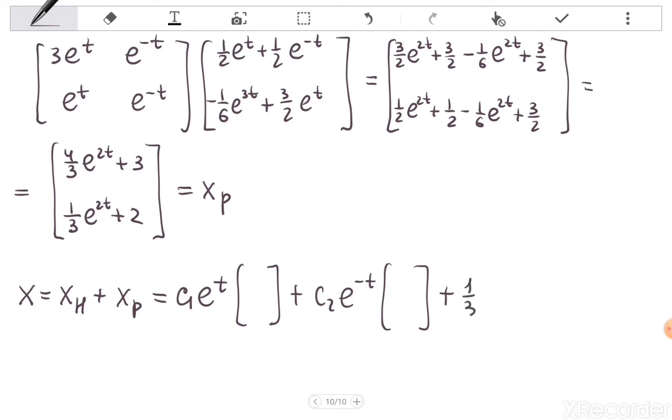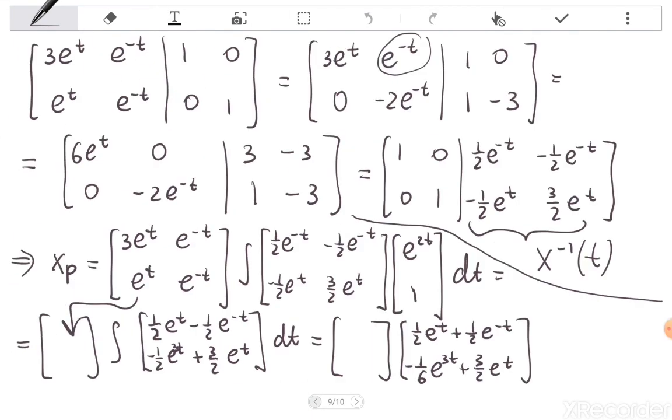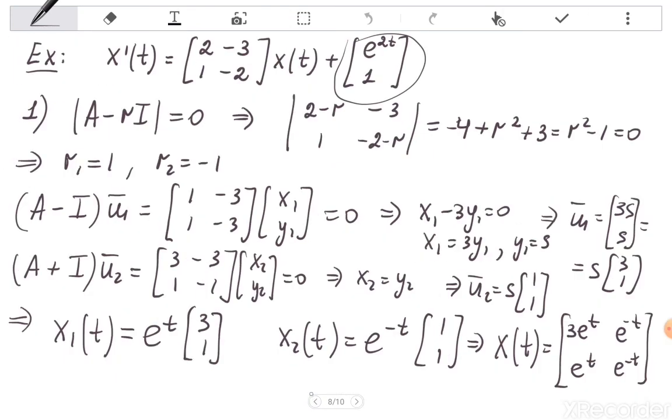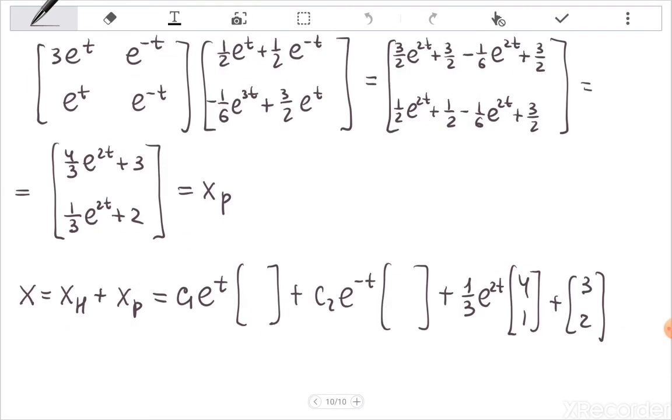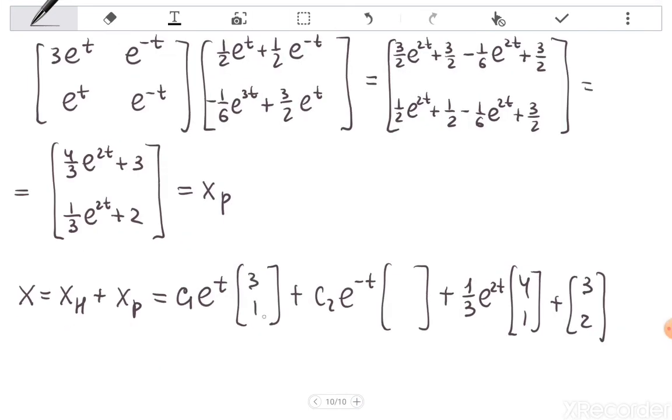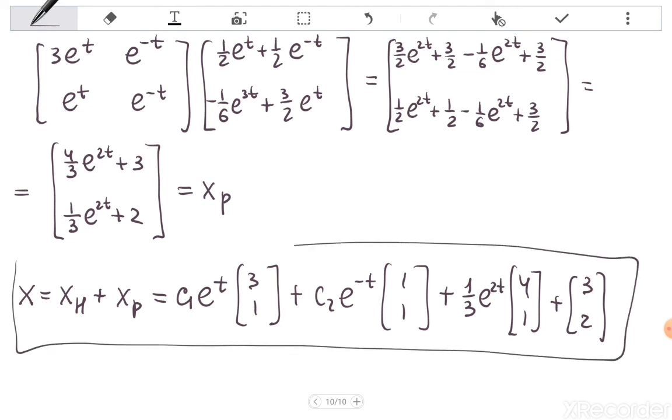So 1 over 3 can be taken out, e to the 2t times this vector 4, 1, plus this constant vector 3, 2. Okay, let me just check the vectors for the homogeneous. So these are 3, 1 and 1, 1. So this is the general solution of the given system.